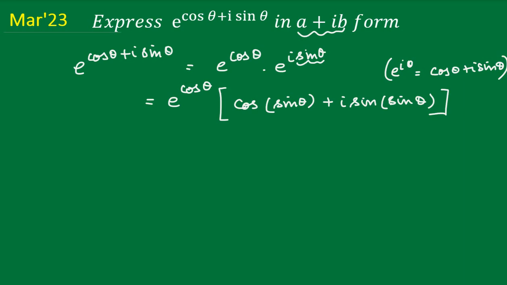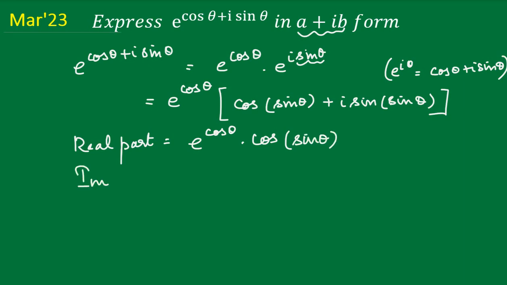Now, I want it in the form of a plus ib. So the real part is equal to e power cos theta into cos of sin theta, and the imaginary part is equal to e power cos theta into sin of sin theta.